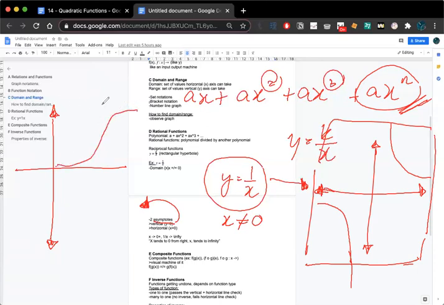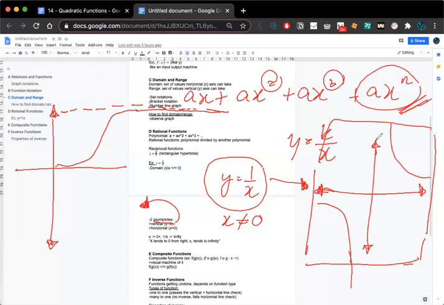Like in the case of logistic functions, usually they will always have one horizontal asymptote. And like I said before, the graph is always approaching that one value but not touching it. In this case, the reciprocal function has a horizontal asymptote and a vertical asymptote.